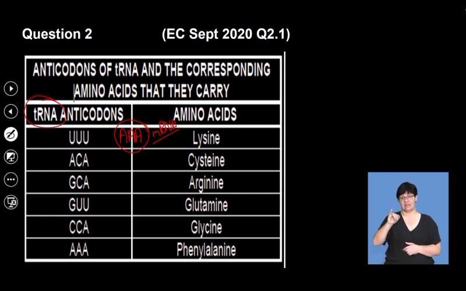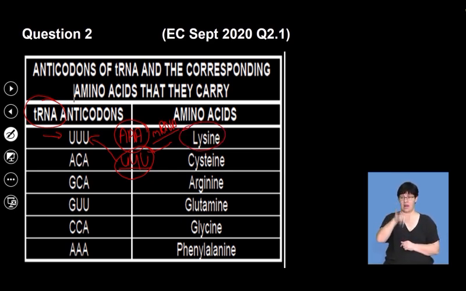So we've got to convert the mRNA into its anticodon, and so we've got to use the complementary base pair rule. So that's going to be, help me guys, A would be with U, A again U, and that will be U. So the anticodon for AAA is UUU, which points specifically to this, and hence our answer would be lysine.